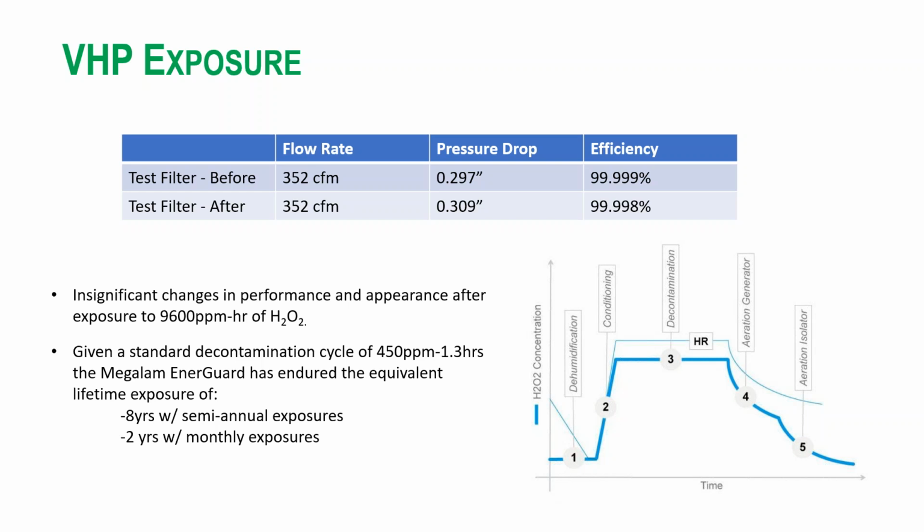In much the same way, PTFE and EnerGuard are also very resistant to VHP concentrations, with very low loss of efficiency. In this particular case, the comparison was of glass and EnerGuard, and how they work together, to show that there's very little loss as far as VHP exposure. In fact, it's almost nothing.